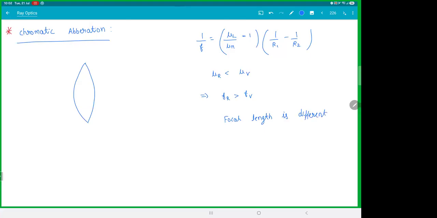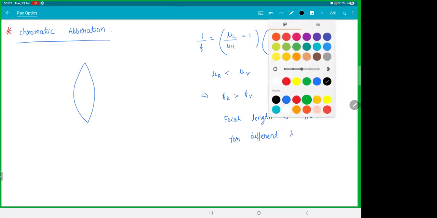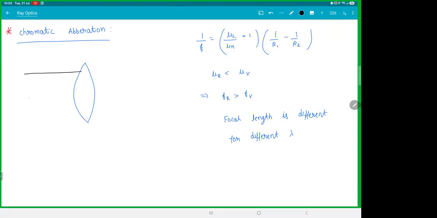So if you actually try to take a photograph with a camera, when the light falls on it, you get errors. The image will get distorted, the colors will get mixed up. So how do we solve this? If you send a white light, the focal length of red is more. That means the blue will meet earlier.